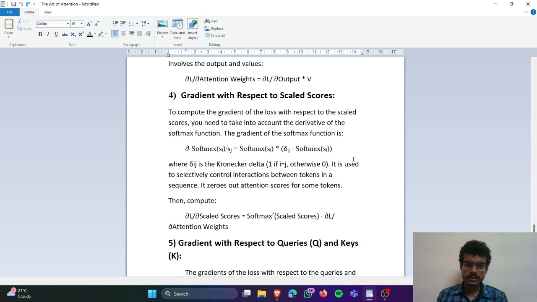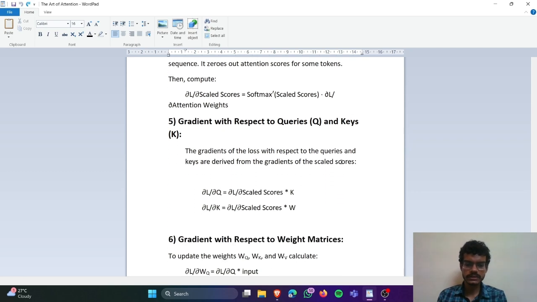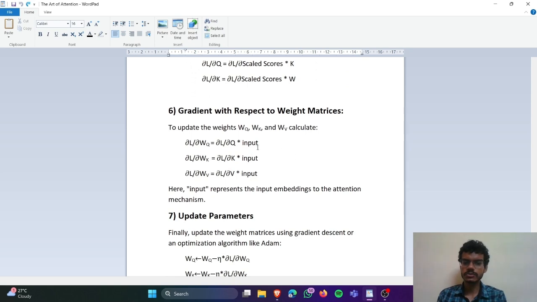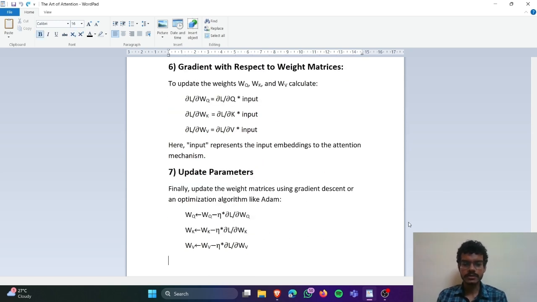So the reason why we need to calculate so many gradients before this important one is to use the chain rule. We cannot calculate it directly. It depends on so many parameters, and then you have to update the parameters to make it more accurate.